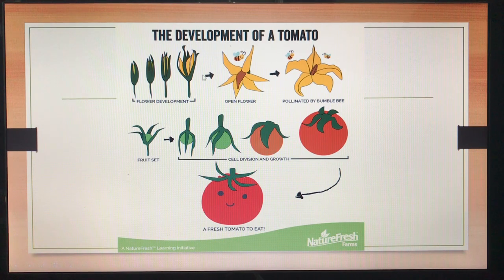So bees will land on the flower. However, one flower alone is not enough to generate its food. So bees will go from flower to flower. As it goes to another flower, it will pollinate the other flower, hence fertilization will take place. And when fertilization takes place, fruit are produced. Therefore, we have our tomato.